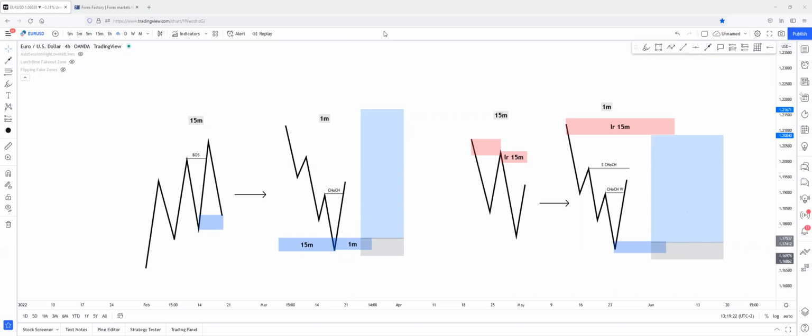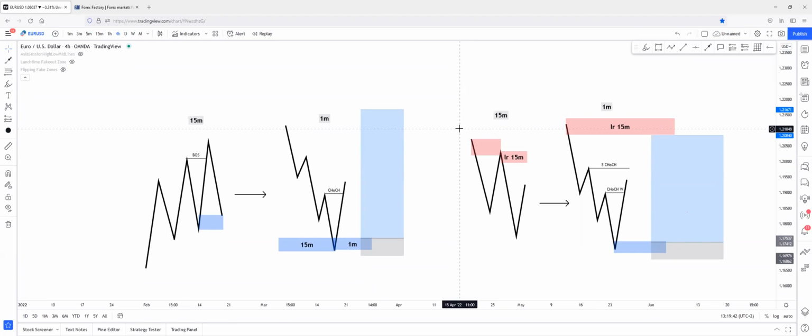Okay, I'm here. Let me hear the question. Marcel, when we have a 15-minute POI and after that price makes a 1-minute order block, how do we react on this 1-minute order block? Sorry, what do you actually mean by this?